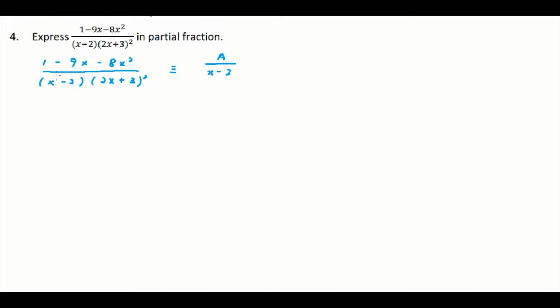So you finish the part for x minus 2. So now your repeated linear factor is 2x plus 3. Then you need to apply the same thing. So plus B over 2x plus 3, and the second one is C over (2x plus 3) power 2. Okay, so this is how you do that.